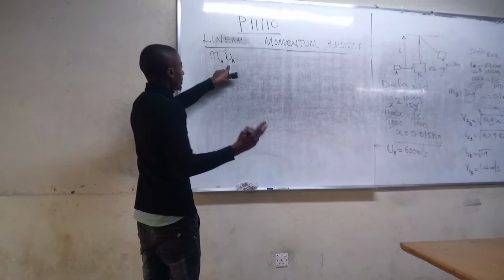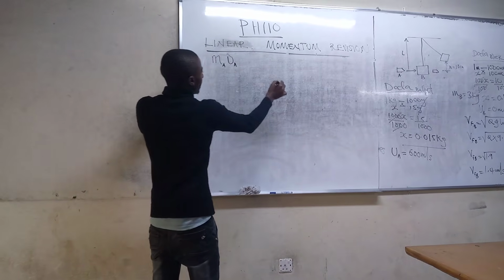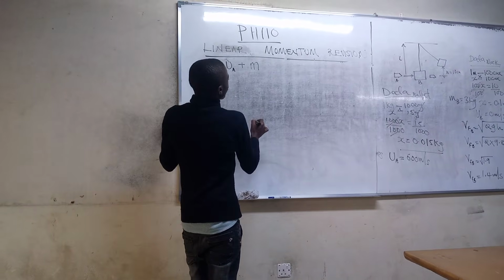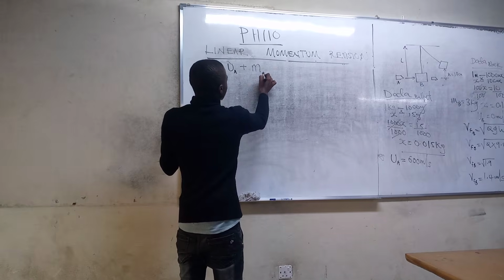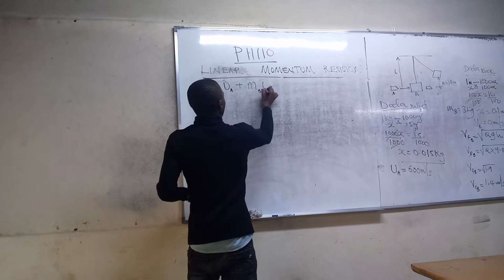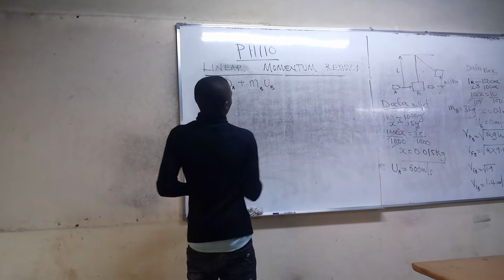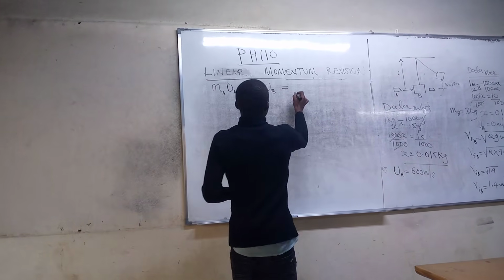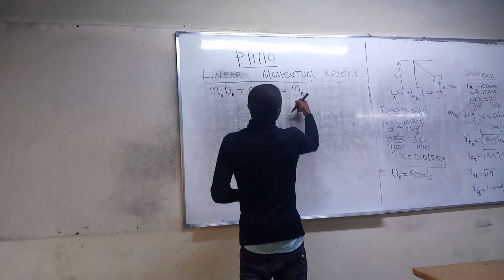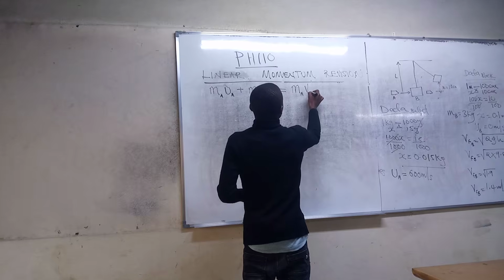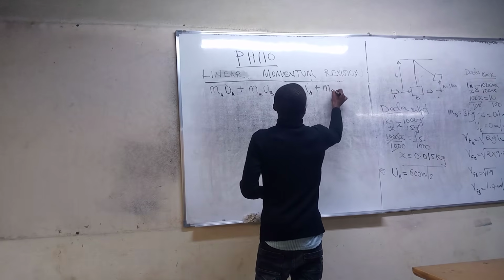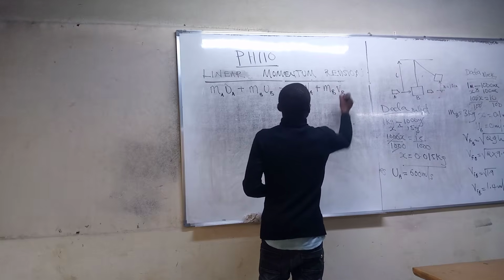We are having two objects, the bullet and the block, and that should be added with the mass of object B. In that case, we are assuming object B to be a block. So that is initial velocity of a block is equal to the mass of the bullet, which is A, times final velocity, plus mass of B times the final velocity.